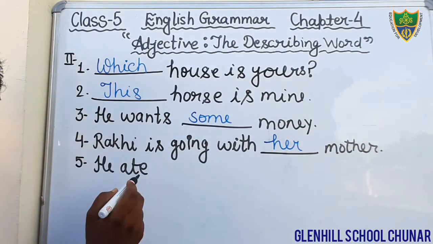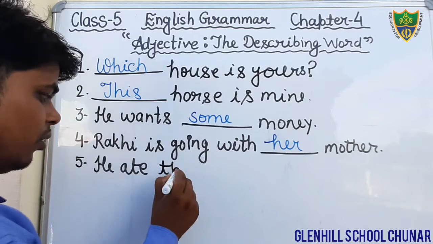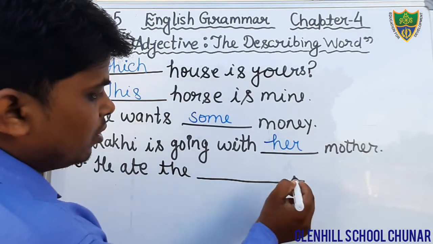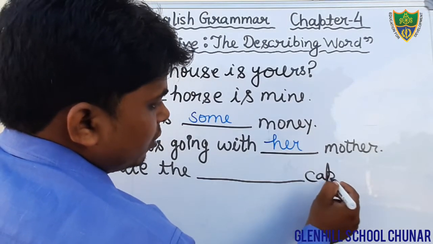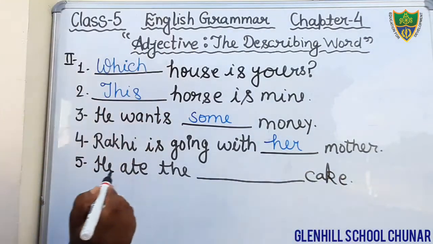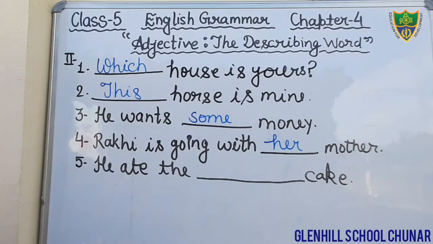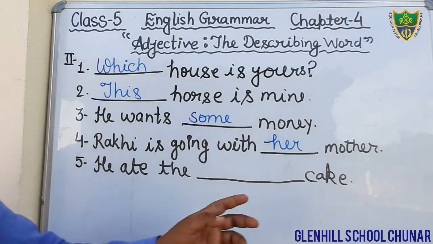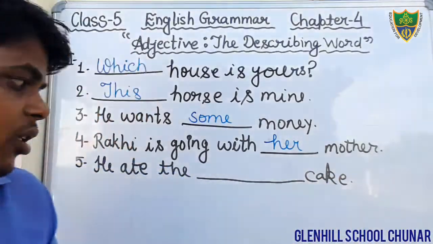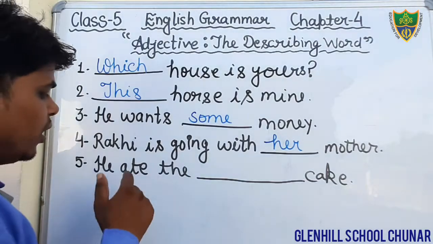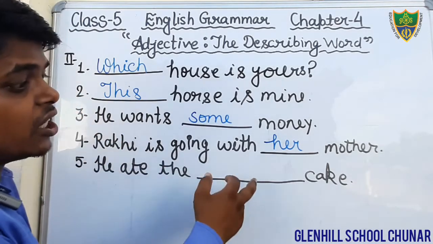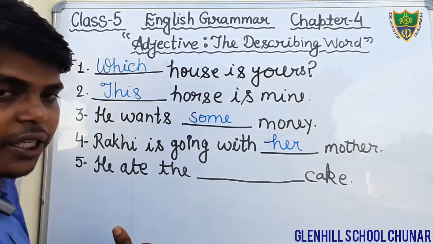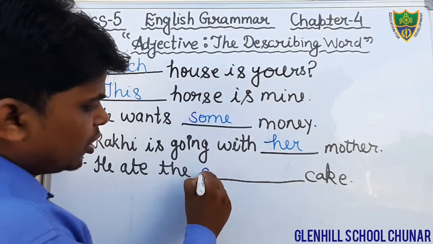He ate the blank cake, C-A-K-E. Here you have to fill the adjective of quality. So what would be the suitable word? He ate the delicious cake. You can say chocolate cake, or delicious. Just fill here delicious.